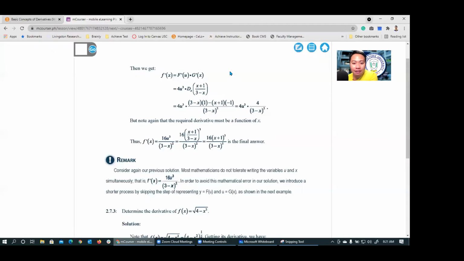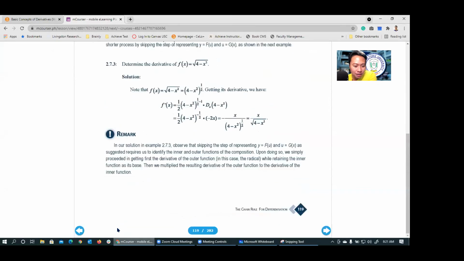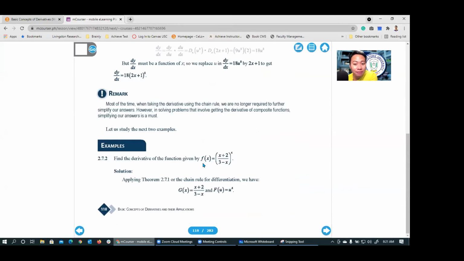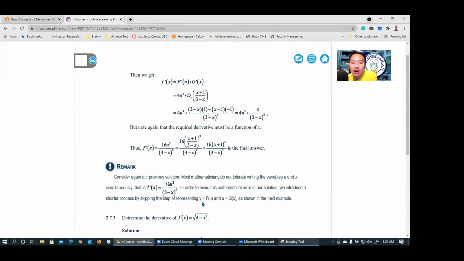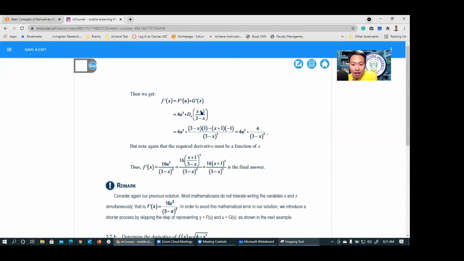Why does it have a different answer, sir? You're confusing us. No, not really. There's an error in the book, guys. The given in the book is x plus 2 over 3 minus x raised to the power of 4. Take note of the x plus 2. When we proceed to the next page of the solution, it became x plus 1.